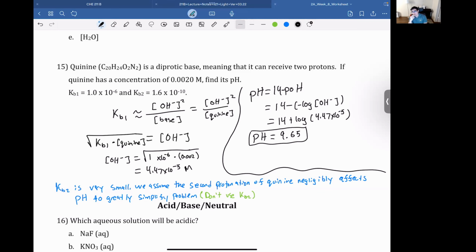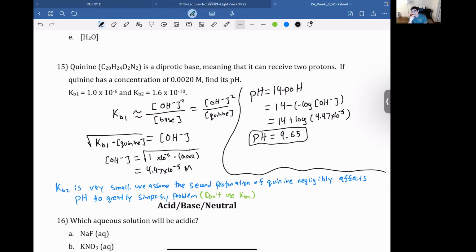A, NaF; B, KNO3; C, CaCO3; D, NH4Cl; or E. So you're looking for the one that can give off H plus. Assume all these ionic compounds fully dissolve in water.